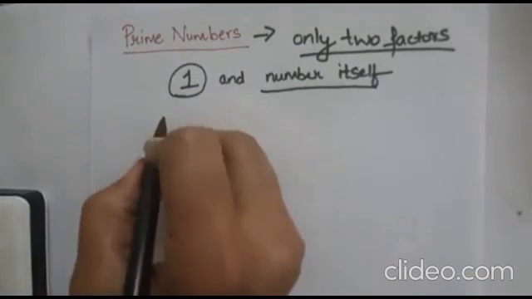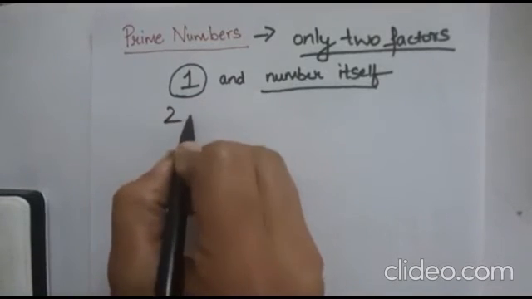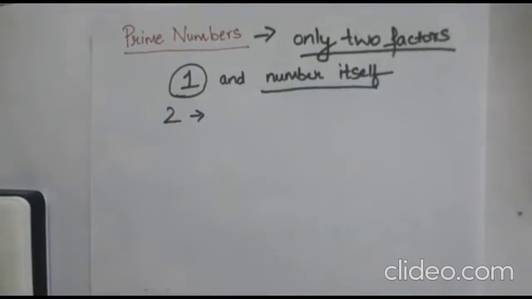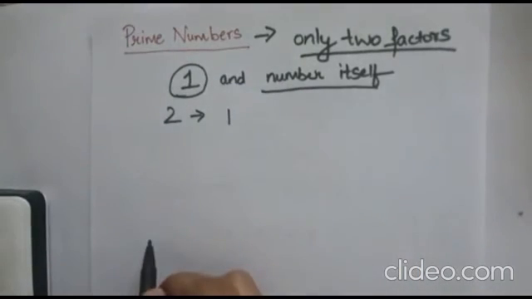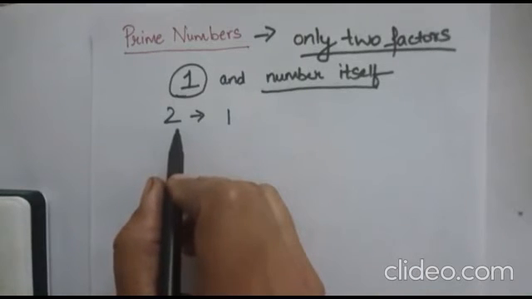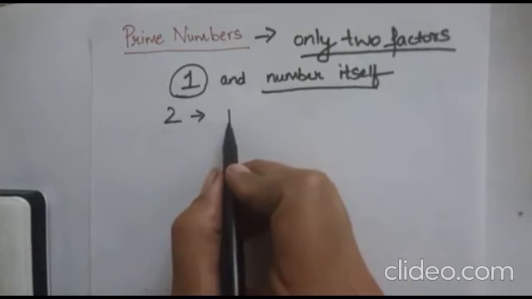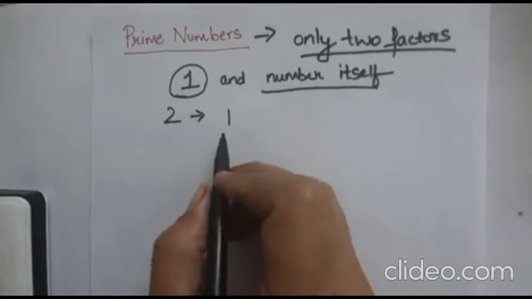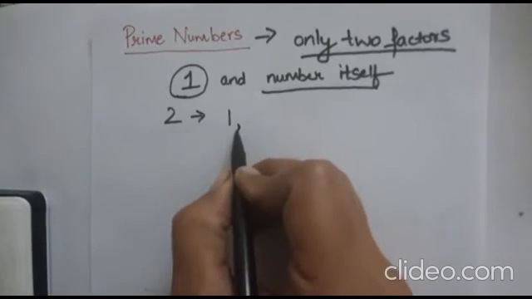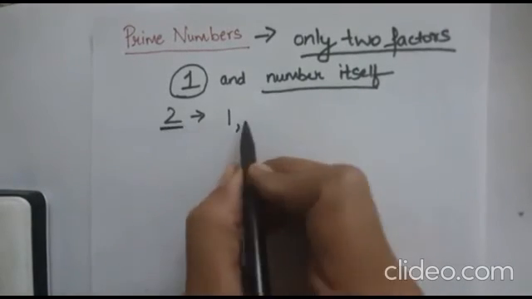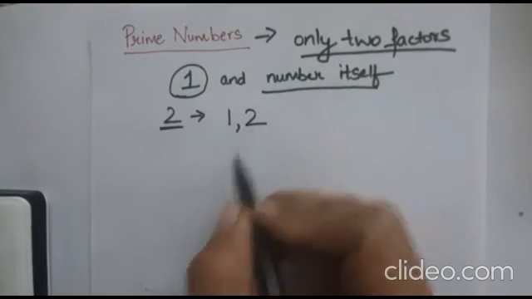Think of a number, that is 2. If I ask you how many factors 2 has? 1 is a factor of 2. In the previous lesson, I told you that 1 is a factor of every number. Next, which is the factor of 2? Yes, this is 2.